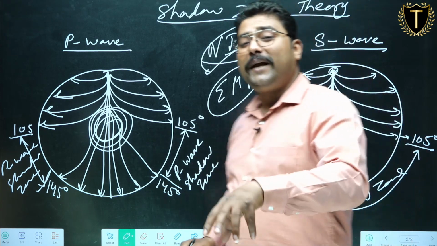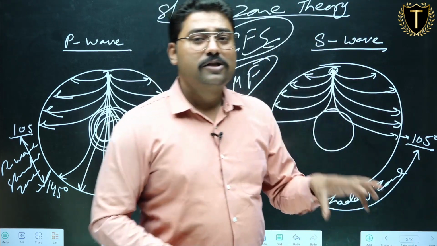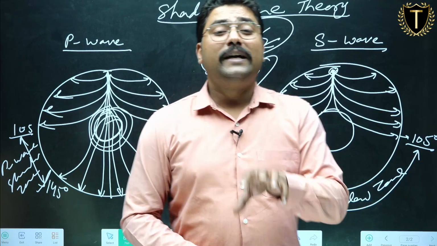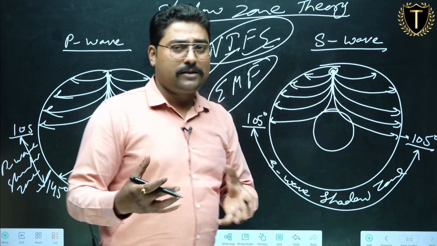This electromagnetic field is used by birds and animals to determine directions, because they don't know what is east and west.